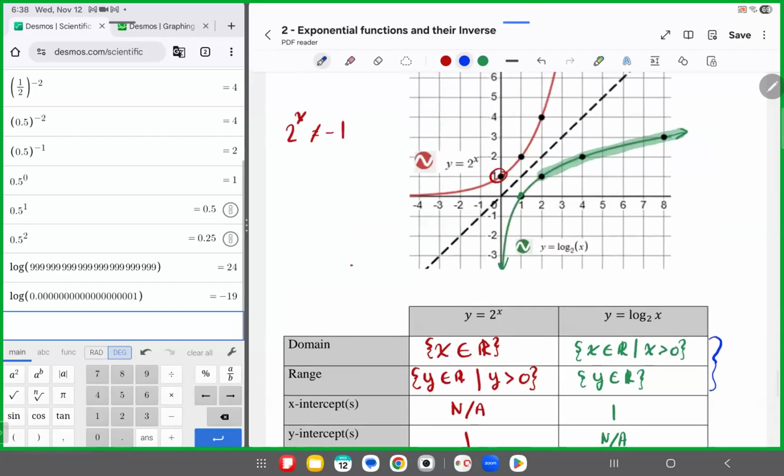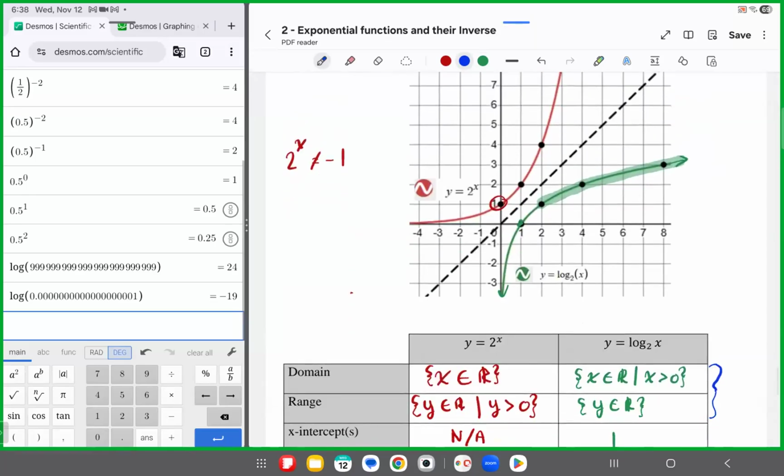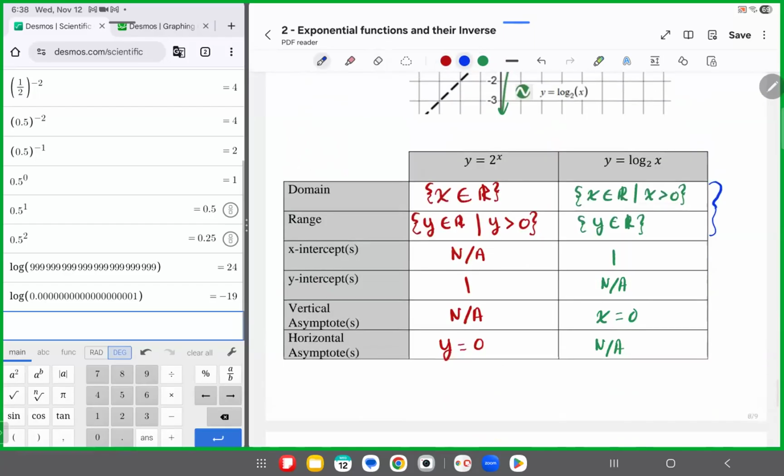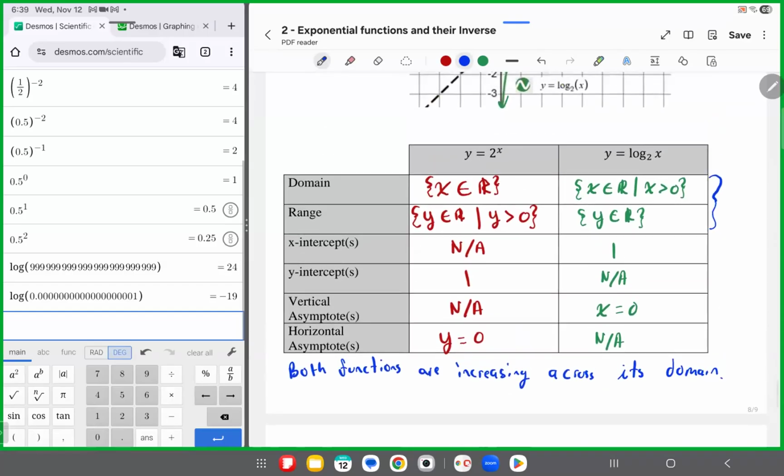Okay. The only trait that these do have in common is, and we'll study this topic later, both functions are increasing across their domain. So previously you might have studied increasing and decreasing.